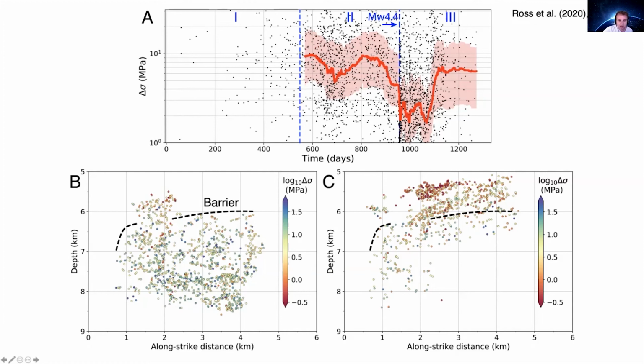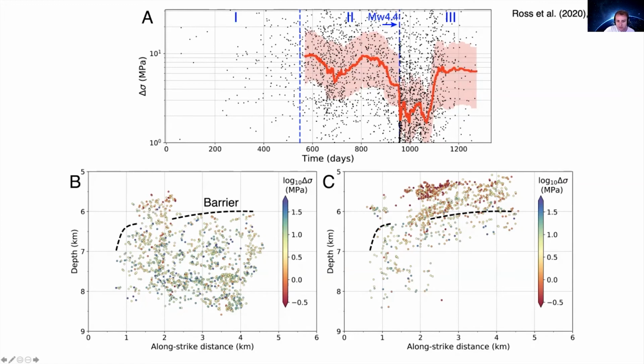Again, here's this barrier, and where it starts to move up into shallower depths and circumvent this barrier here. So most of the stress drops before this 4.4, everything below this barrier is basically blue and green. So it's fairly high, 10 to maybe 30 megapascals. But as it starts to move up into here, you can see it starts to get red and yellow. And so it's actually dropping quite a bit in this little tiny area here, which you probably would just consider to be noise.